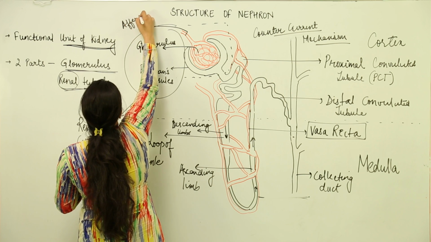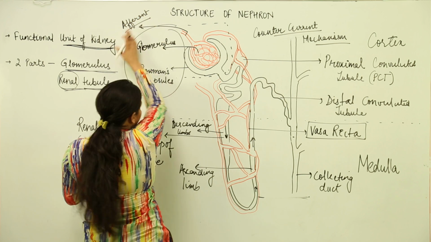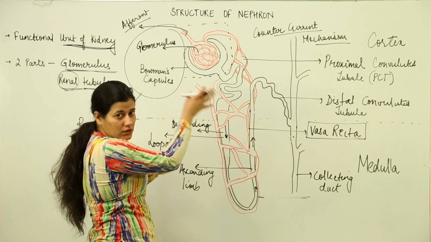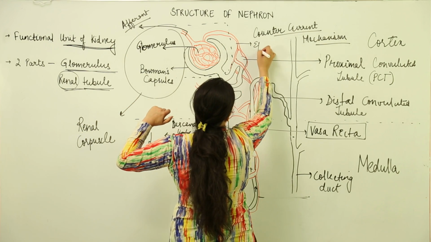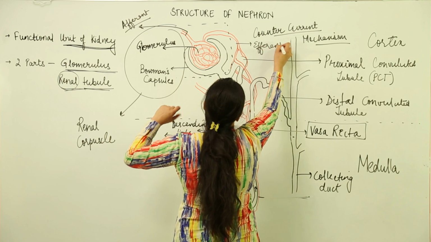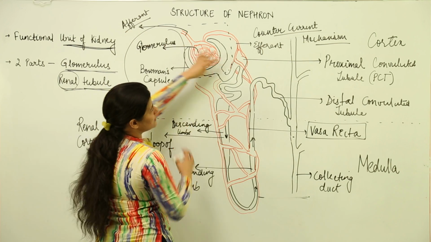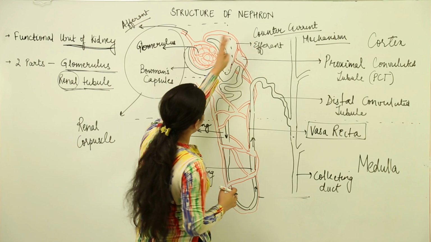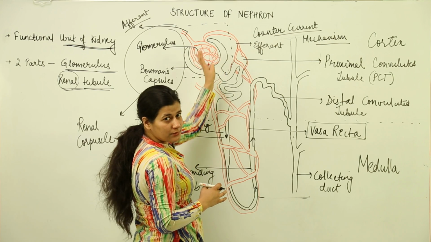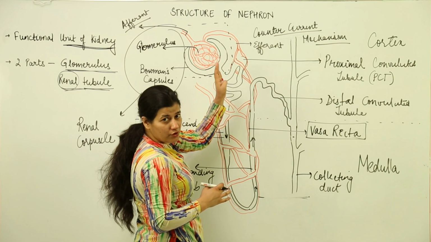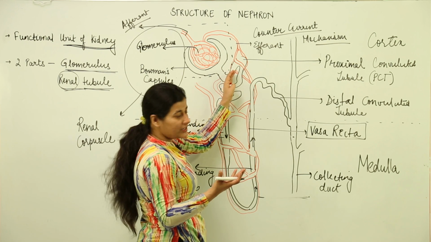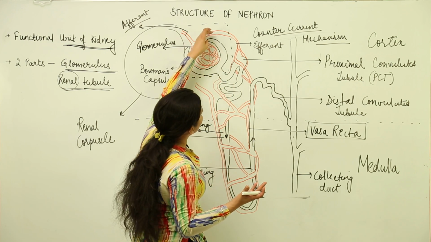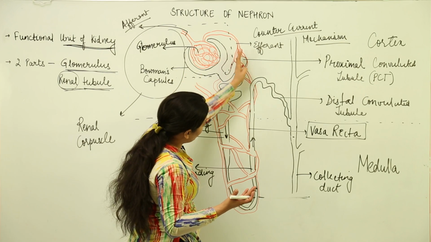Remember, when something enters the organ or part, it is known as afferent, and when it leaves, the term efferent is used. So this is the afferent arteriole, and this is the efferent arteriole. After the filtration slits have got rid of the ultrafiltrate that is thrown into the PCT, the efferent arteriole takes the remaining blood and it enters the vasa recta.